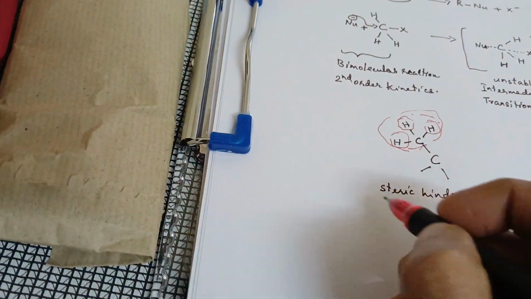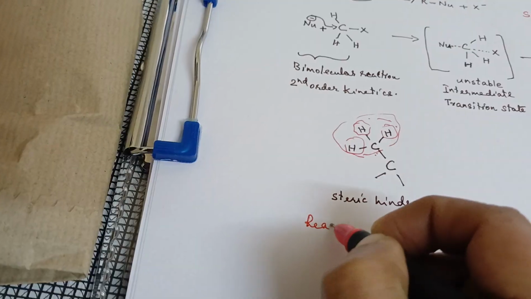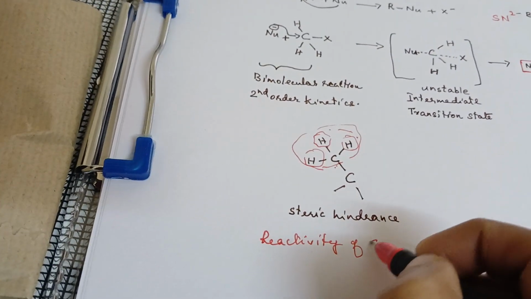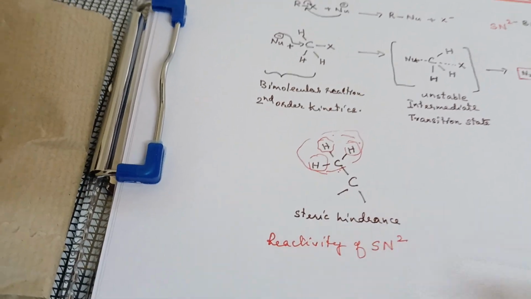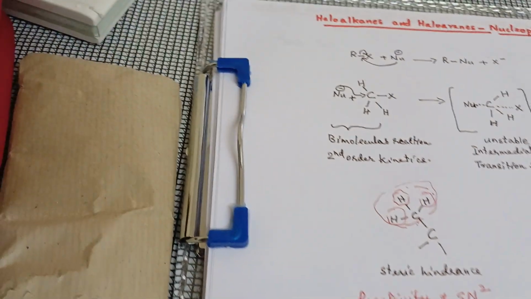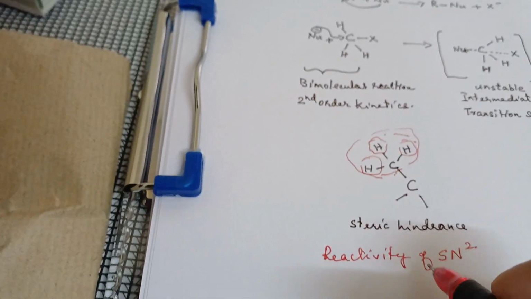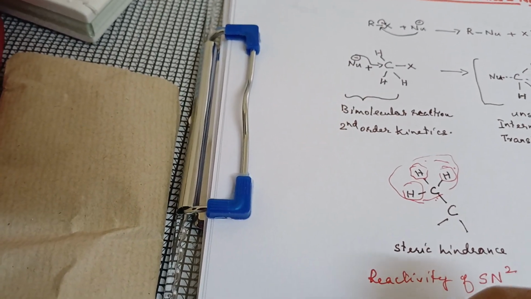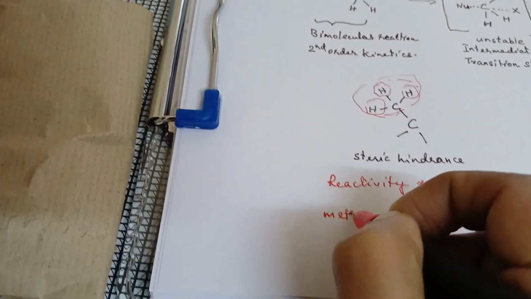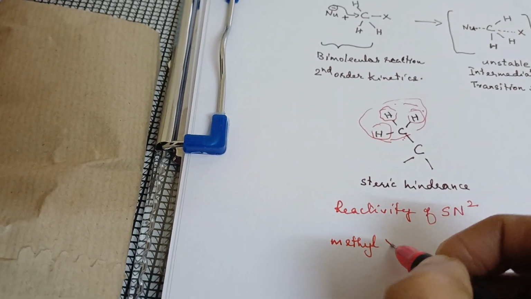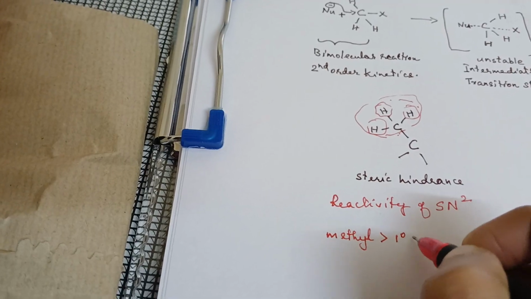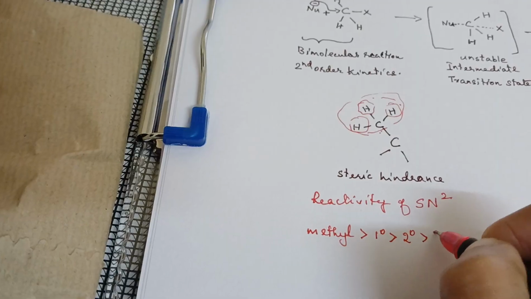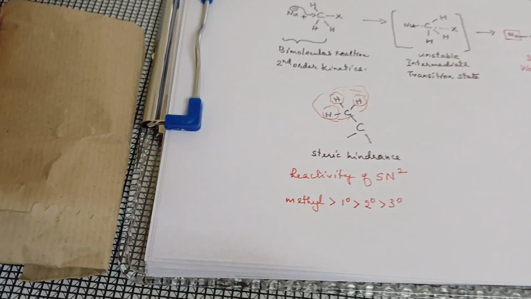So reactivity, we are talking about SN2 reactions. Reactivity of alkyl halides in SN2 reactions will be methyl more reactive than primary, which will be more reactive than secondary, and which in turn will be more reactive than tertiary.